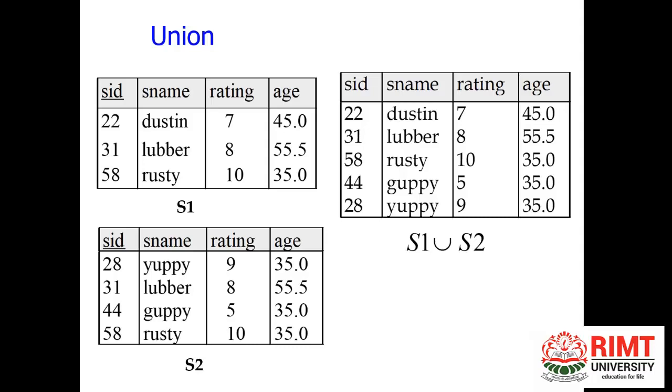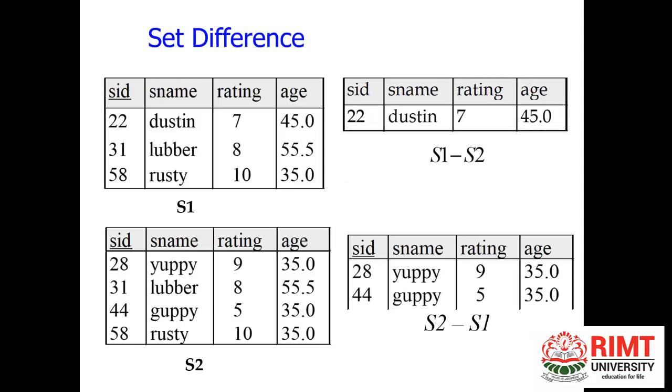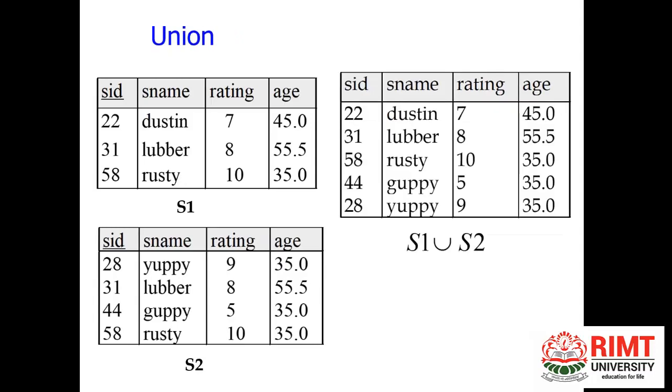From this table already there are Lubber and Rusty. Clear? But Yuppie and Guppy were not there. So it includes Guppy and Yuppie. Clear? So it means it includes all the tuples which are in S1 and which are in S2. Clear? So I think it's clear to you. It reflects how we perform union operations.